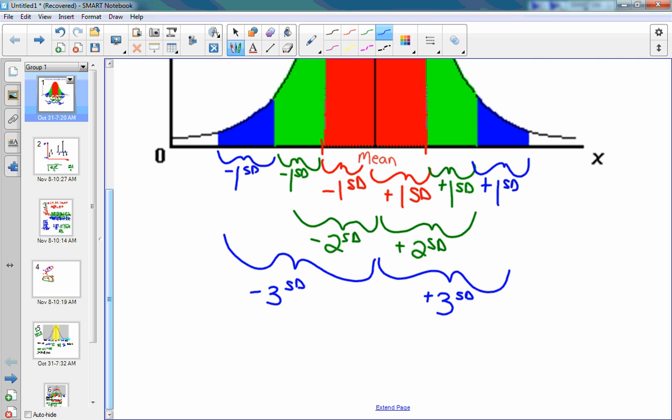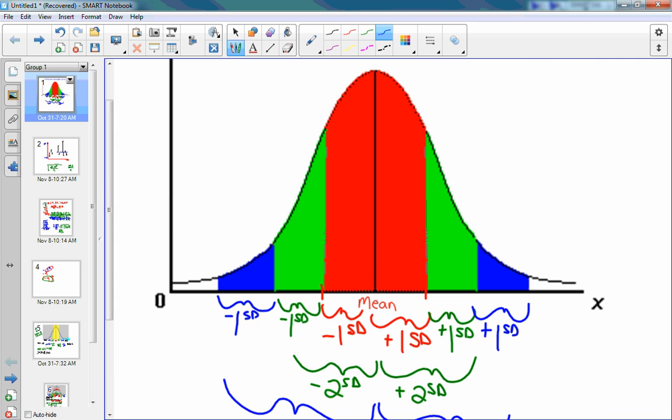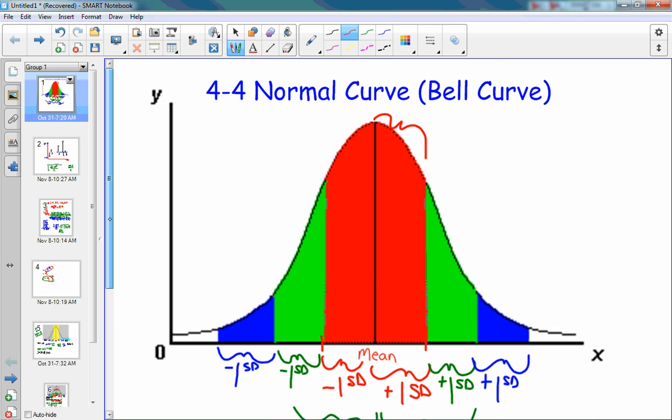Now, what do those colors represent? Those colors represent percentages. Okay, percentages. Inside the red stands for 68% of the data you analyzed. So half of that 68% is going to be on this side, which is what?